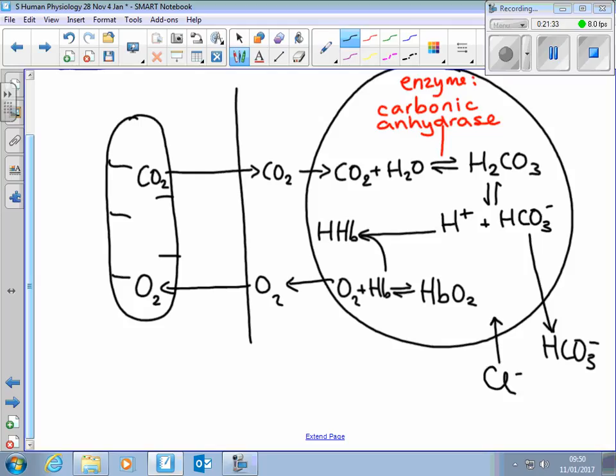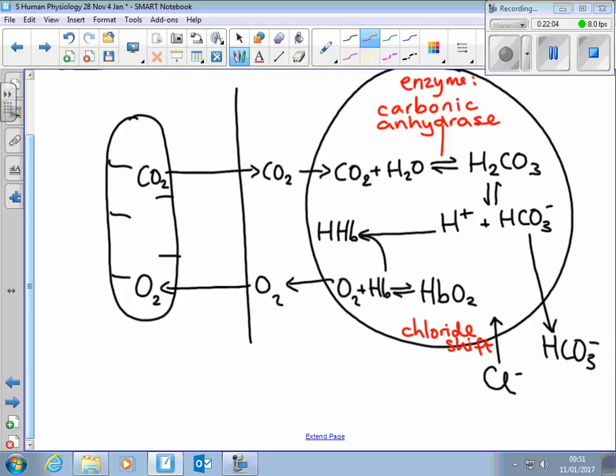Chloride ions diffuse in, and you can see it labelled on there as the chloride shift. You don't need this for the exam, but the chloride shift is the chloride ions diffusing in to take the place of the hydrogen carbonate ions that have diffused out. So there's a bit of an exchange going on there.